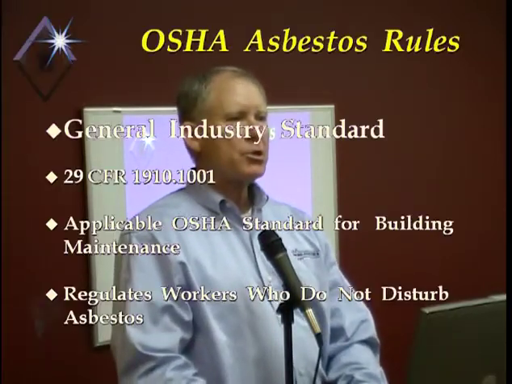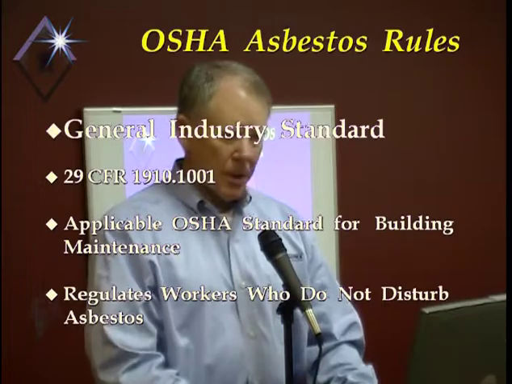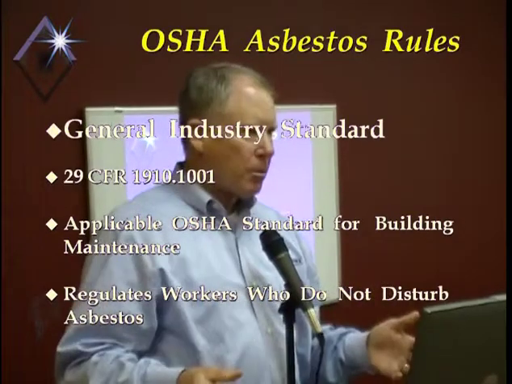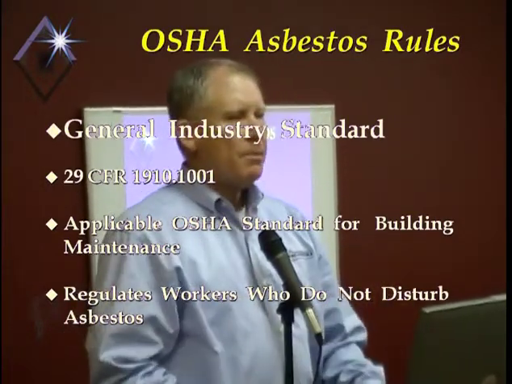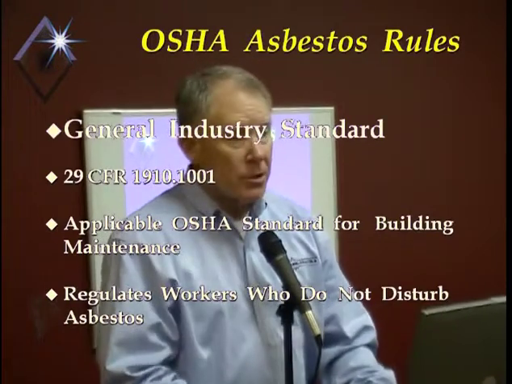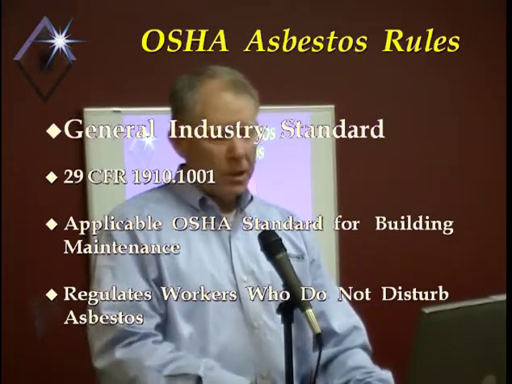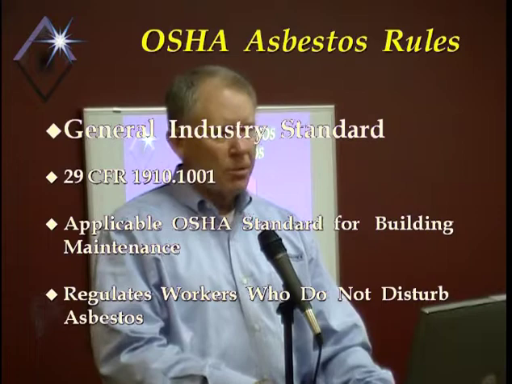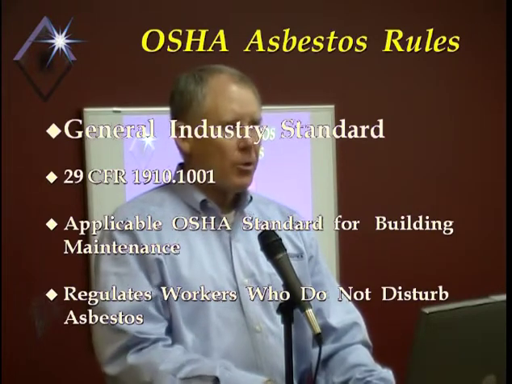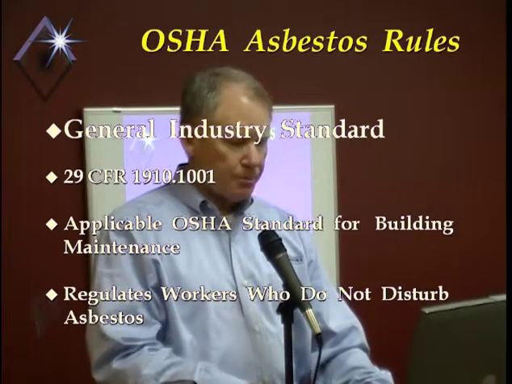The OSHA standard that relates to this is the OSHA General Industry Standard. That applies to secretaries, it applies to teachers, it applies to truck drivers, it applies to any employee that is working within an environment where there is asbestos materials.